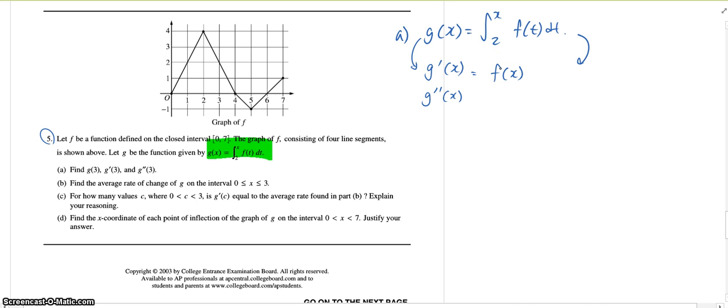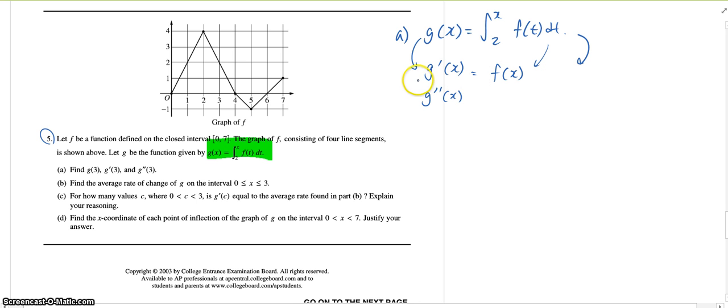This is because of the Fundamental Theorem of Calculus, part 2. When you differentiate this integral form, you drop the integral and multiply by the derivative of the upper limit. In this case it's x, and the derivative of x equals 1, so there's no change, you just replace t with x.